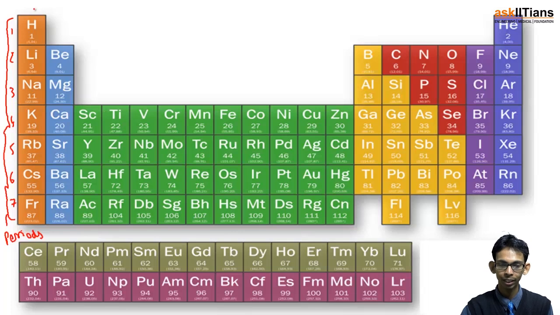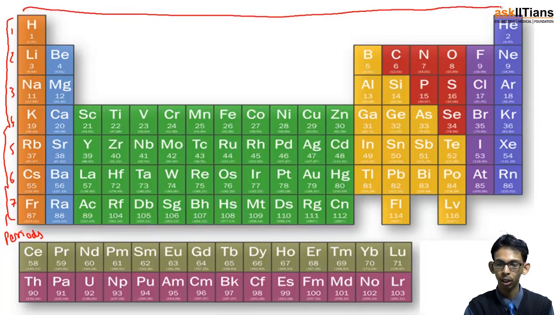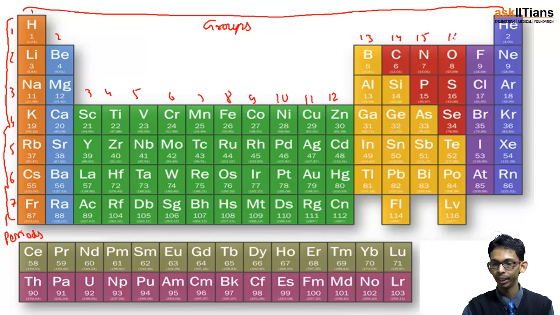Apart from that, there are some vertical columns also, and these are called groups. And there are a total of 18 groups. First, second, 3, 4, 5, 6, 7, this is 8, 9, 10, 11, 12, this is 13, 14, 15, 16, 17 and 18.